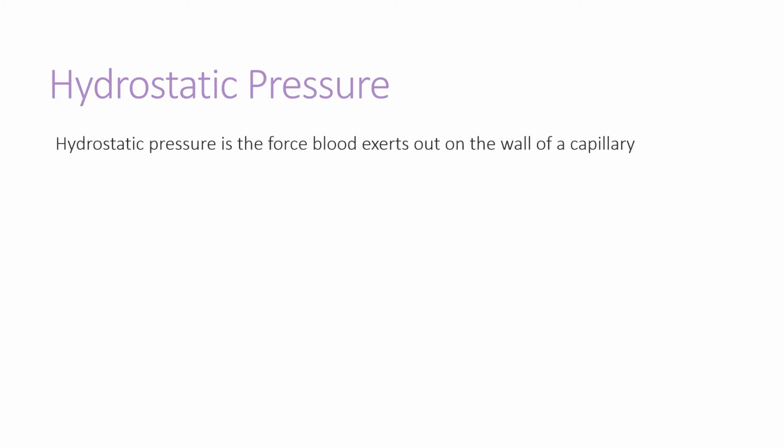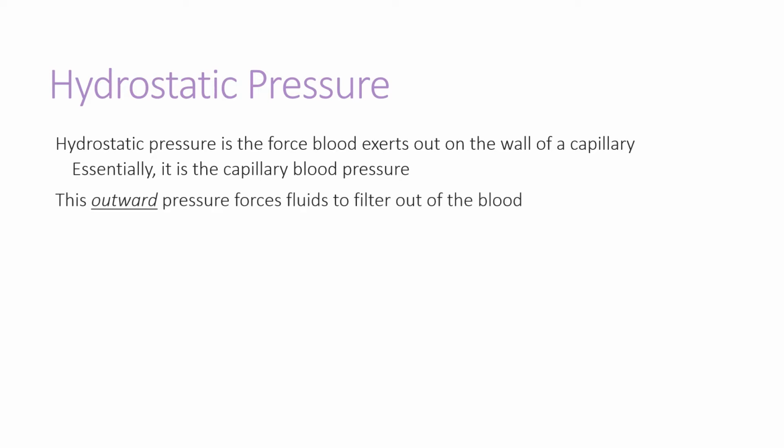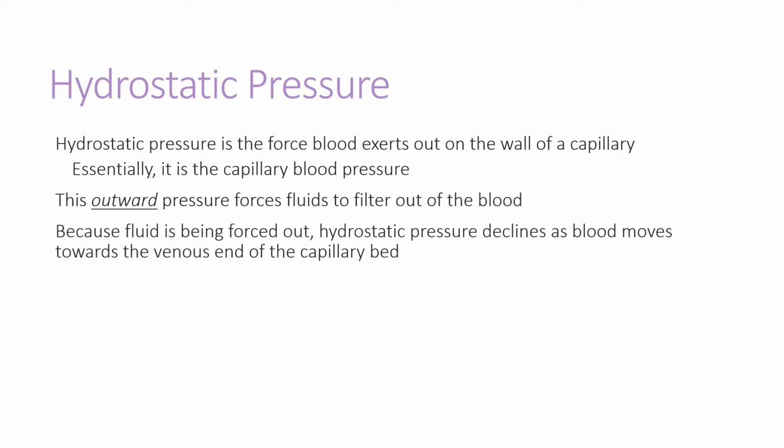Hydrostatic pressure is the force blood exerts out on the wall of a capillary. Essentially, it's the same as the blood pressure within that capillary. This outward pressure forces fluids to filter out of the blood and into the interstitial space.